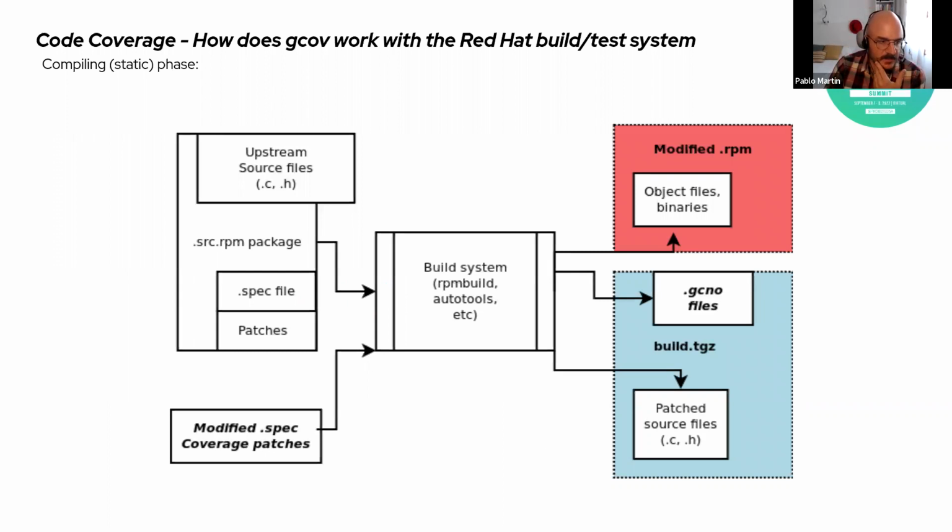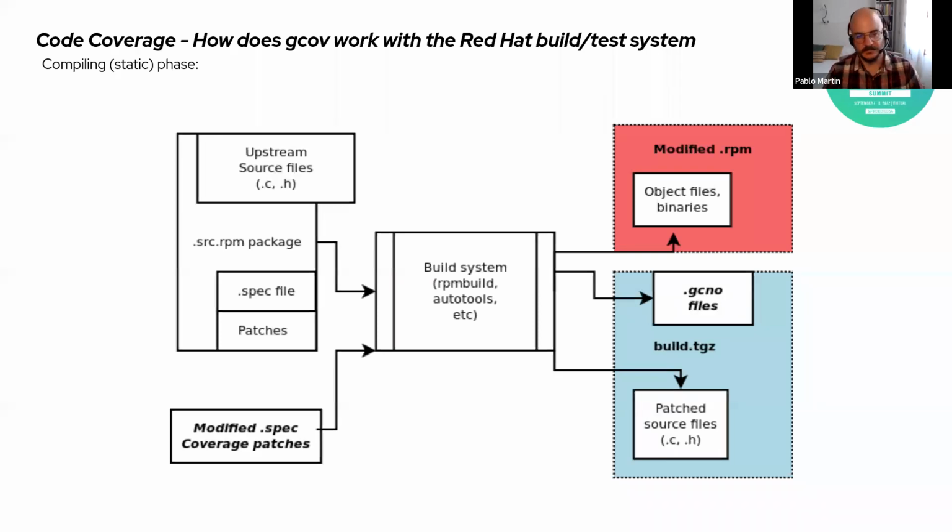So we start from the left, from the upstream source files, the .spec file specific to RPM packages, and the patches themselves to the upstream. These are all parts of the source RPM package. And as Rachel mentioned, we are not modifying the Red Hat Enterprise Linux packages, but the kernel.